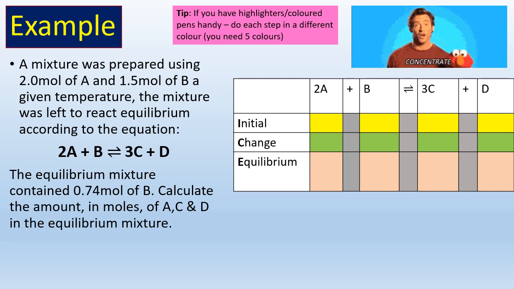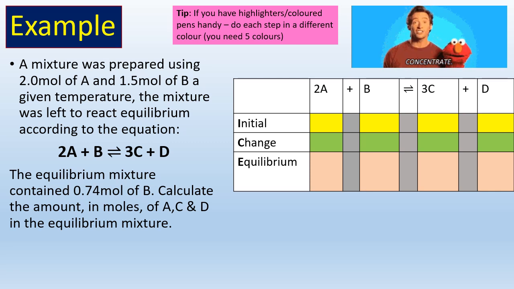It probably doesn't make much sense looking at a table by itself, so we're going to go through a few different examples today. I recommend you write or print out the question we're going to look at and have a table ready. I'm going to colour coordinate each step, so if you've got 5 colours handy, it'll really help you see how to approach this question.